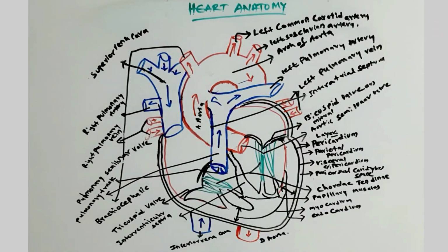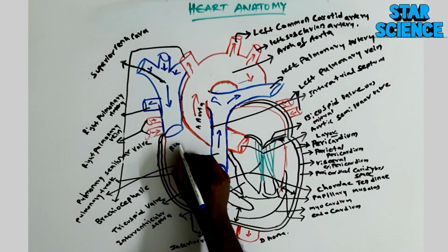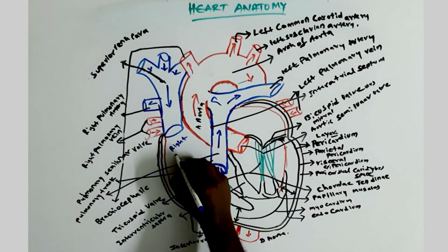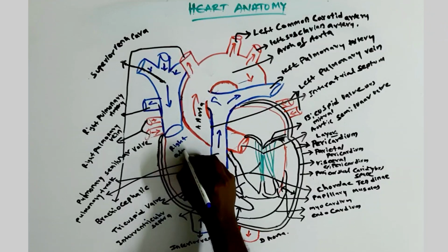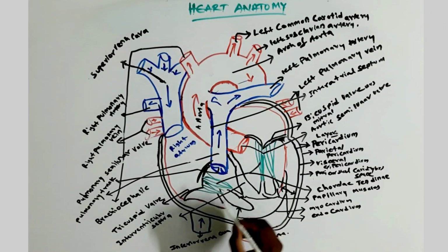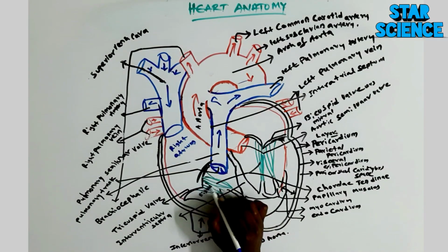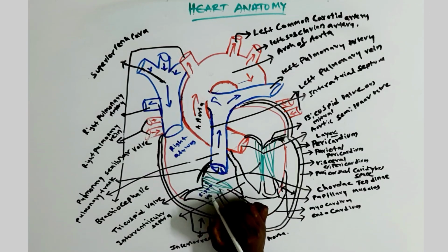Now I am showing you the pulmonary trunk. This pulmonary trunk takes CO2 blood from the right ventricle. The upper chamber on the right is called the right atrium, and the lower chamber on the right side is called the right ventricle.